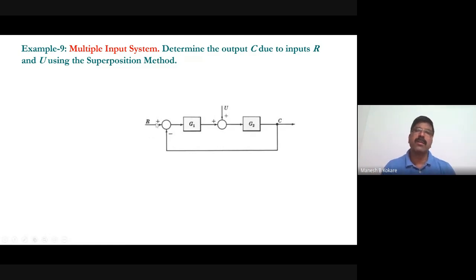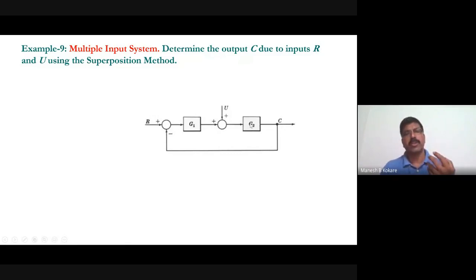See, when R is considered and U is absent, when U is made 0, this signal is 0. Now for the summing point, one input is 0 and the other input is there, so the output will be the same. So there is no use of this summing point, and you can eliminate it. Because of that, G1 and G2 will be in cascade, so you can use the first formula.